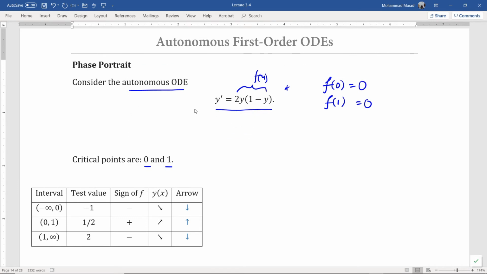Now we subdivide the whole real number line, the negative infinity to positive infinity, into 3 subintervals. From negative infinity to 0, and from 0 to 1, and from 1 to positive infinity.